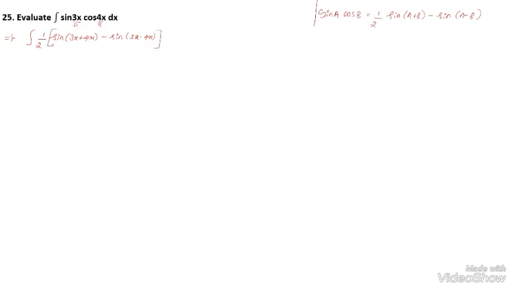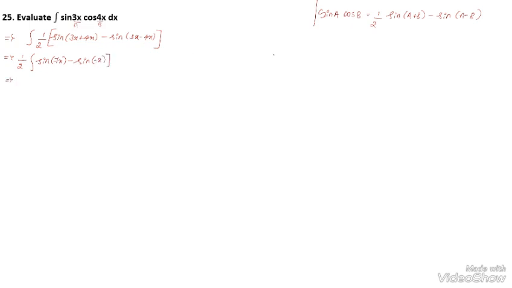Here I am taking 1 by 2 as a constant. Then integrating, sin 3x plus 4x becomes sin of 7x, minus sin of 3x minus 4x, which is minus x.